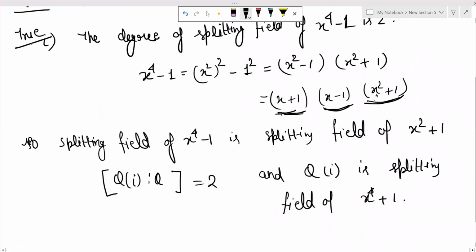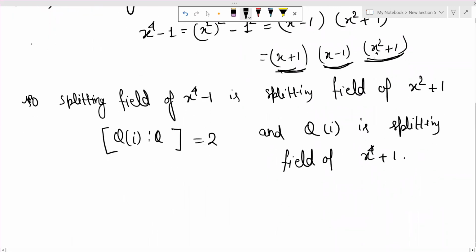Right. So then the next question is: the degree of the splitting field of x to the power 4 minus 1 over Q is 4.